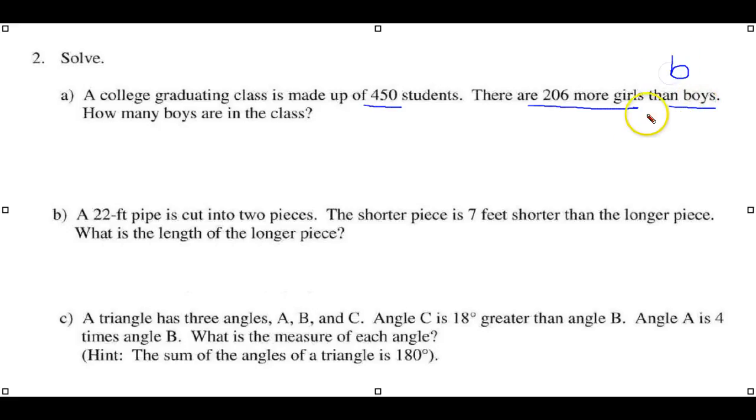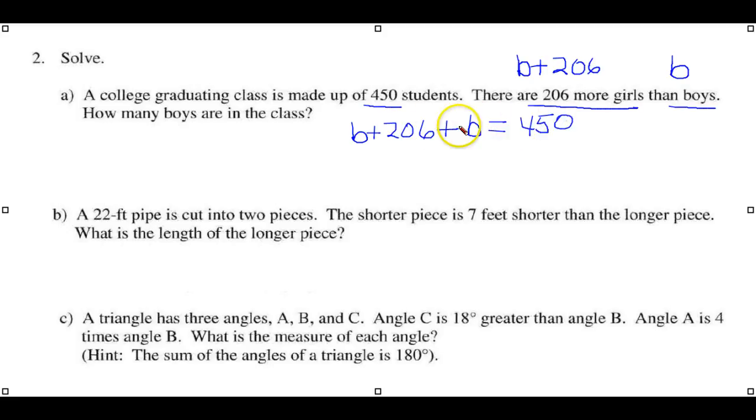So we'll call that B. Well, what would be the number of girls then? It would be the number of boys plus 206. So now the girls plus the boys equals that. So we get B plus 206 plus the number of boys equals 450.